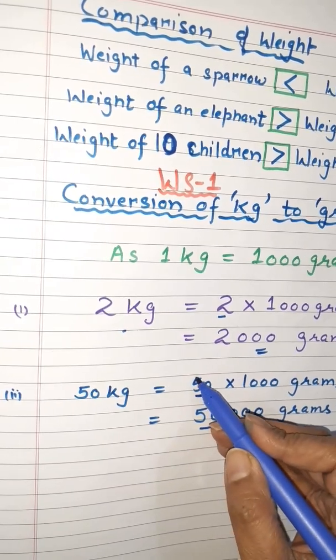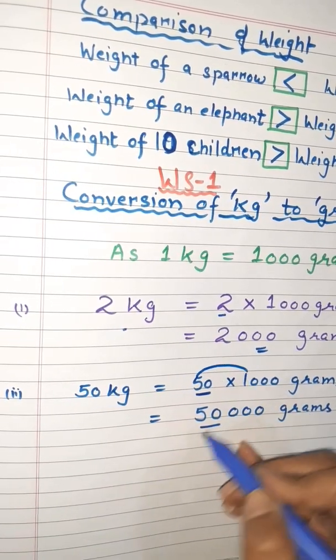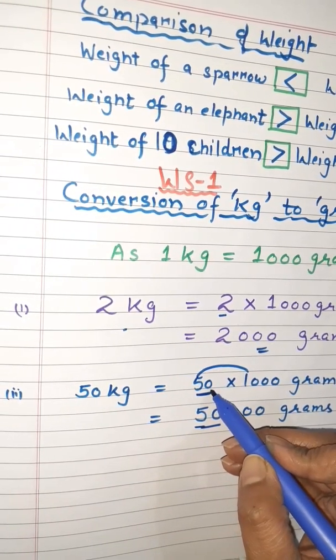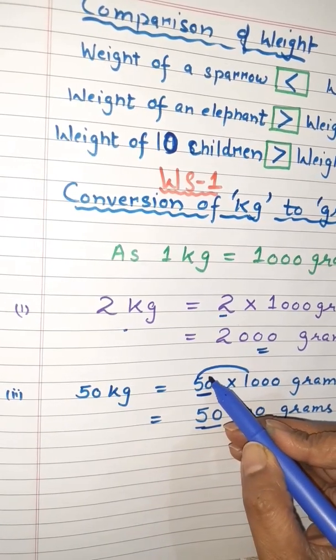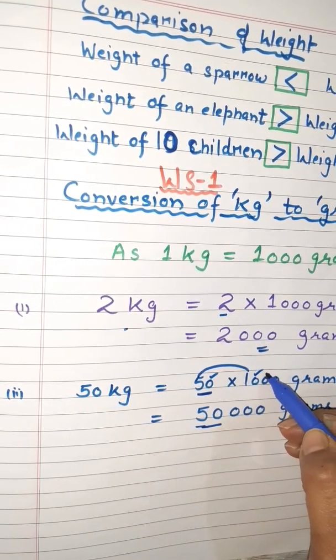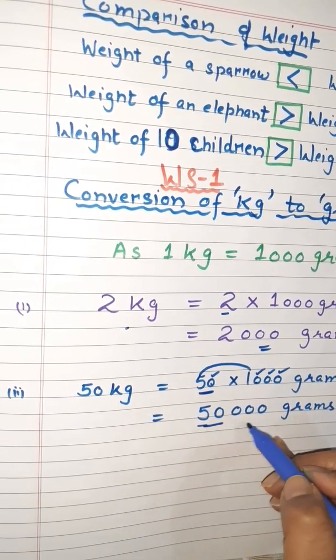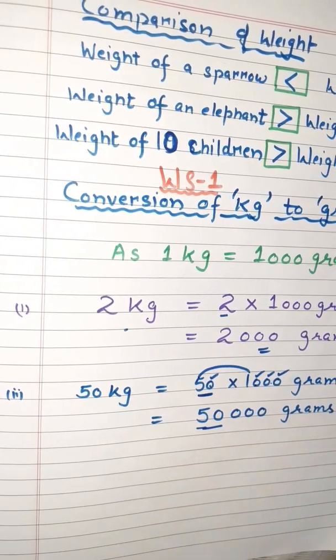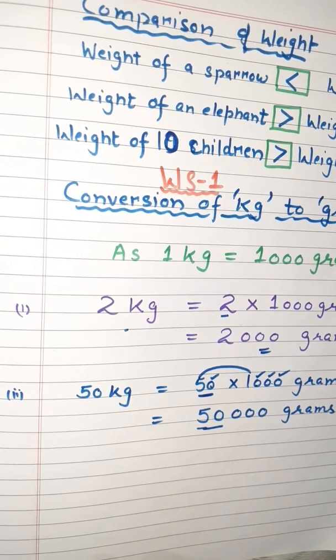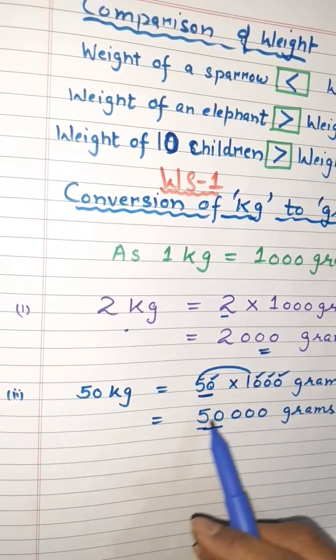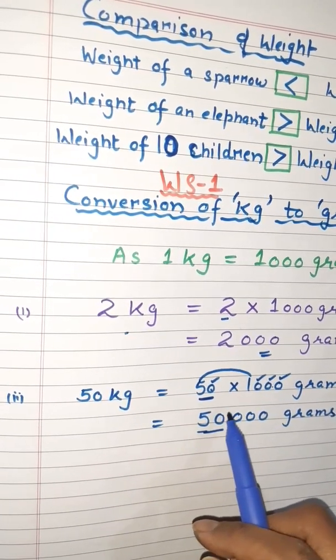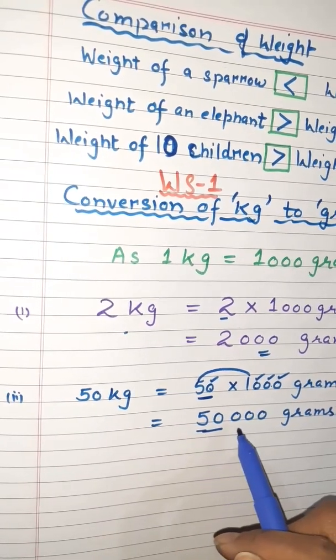So we will multiply 5 with 1, we will write 5, and here we have 4 zeros because there is 1 here and 3 in 1000. We can count 1, 2, 3, 4. So we can put 4 zeros here. So it is 50,000. This is how you can multiply it orally. So we will have 50,000.